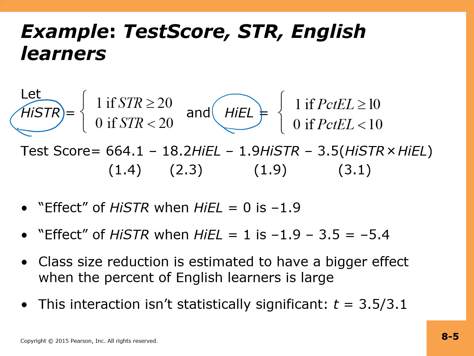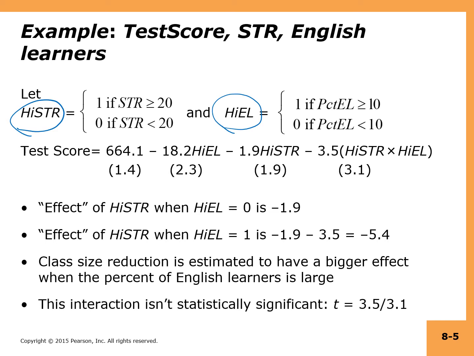So when you run a regression of test score on these 2 dummy variables and the interaction term, we get these coefficients. Say you want to measure the effect of having a high student to teacher ratio when high English learner is equal to 0.